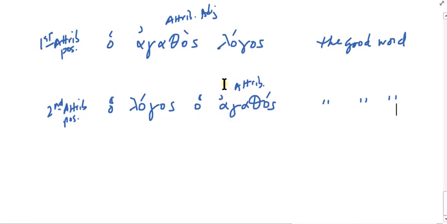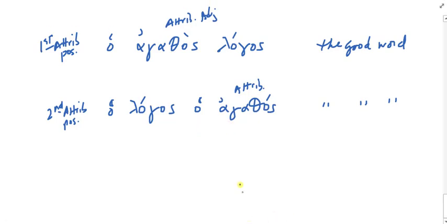Now, on the other hand, if I just had something like ho agathos, and then eipen. You guys have come across that verb, haven't you? What's that mean? He, she, or it said. That's right.